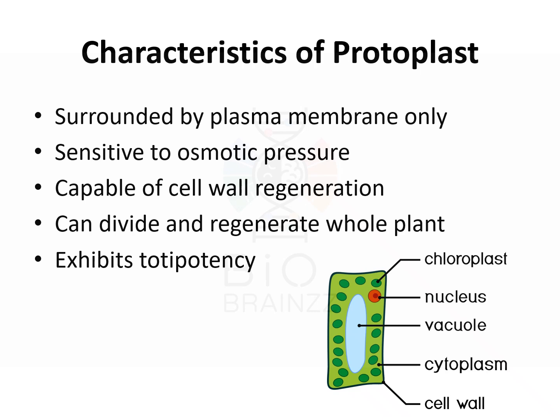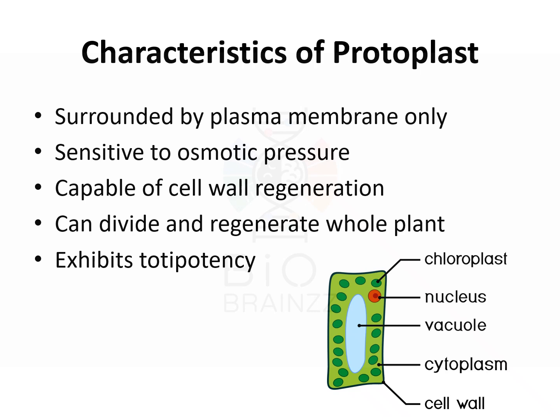Another important characteristic is their regenerative capacity. Even though the cell wall is removed, protoplasts are capable of synthesizing a new wall and resuming normal cellular functions. Under suitable culture conditions, they divide, form cell clusters, and eventually regenerate into whole plants.